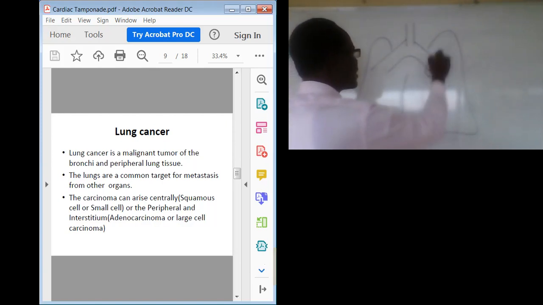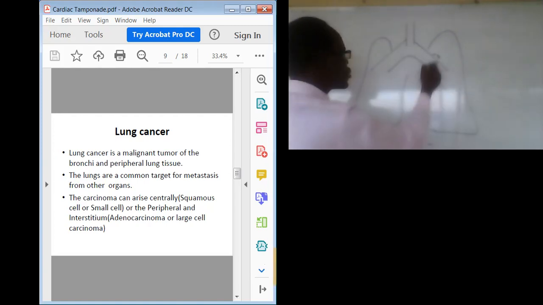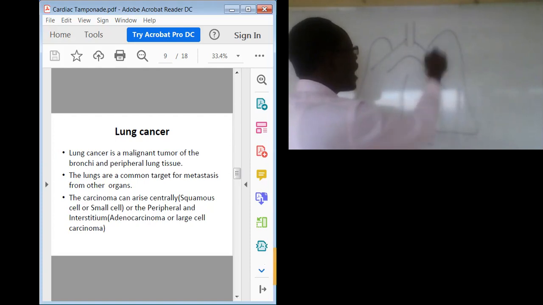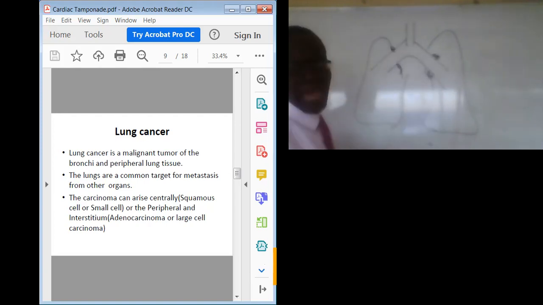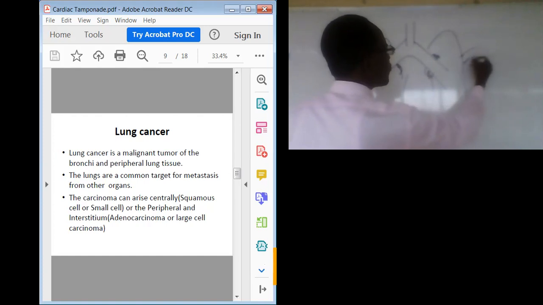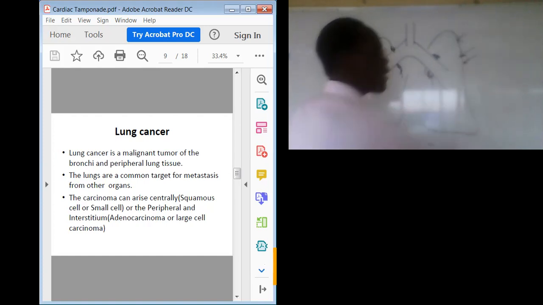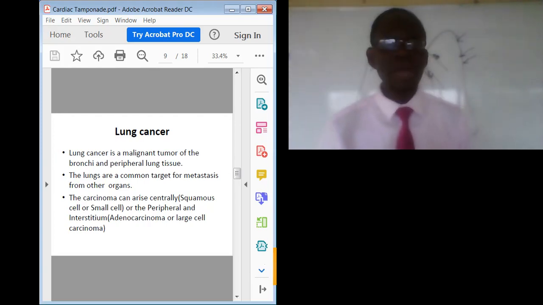In other words, it can come where these bronchi attach to the lungs. Or it can come as a result of peripheral. It can arise from this side, or it can arise from that side.